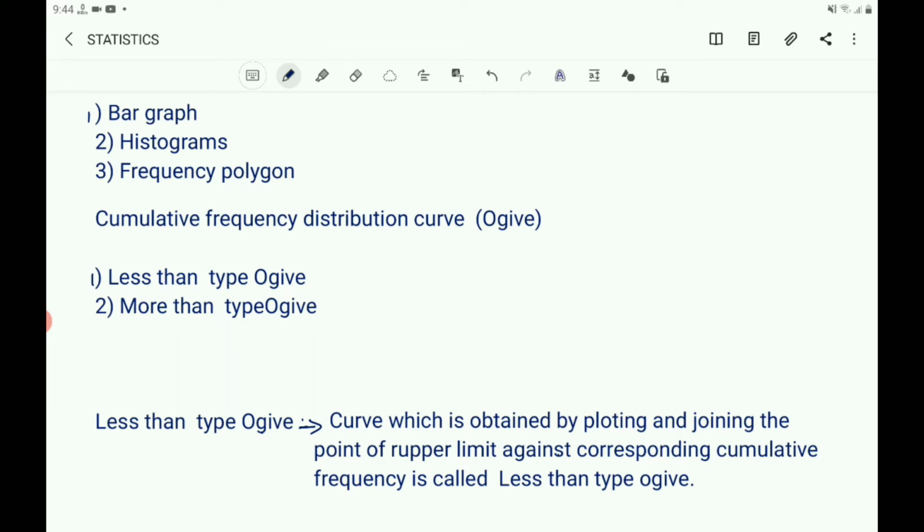If we take the upper limit on the x-axis, then it is the less than type Ogive. If we take the lower limit of the class interval on the x-axis, then it is the more than type Ogive.